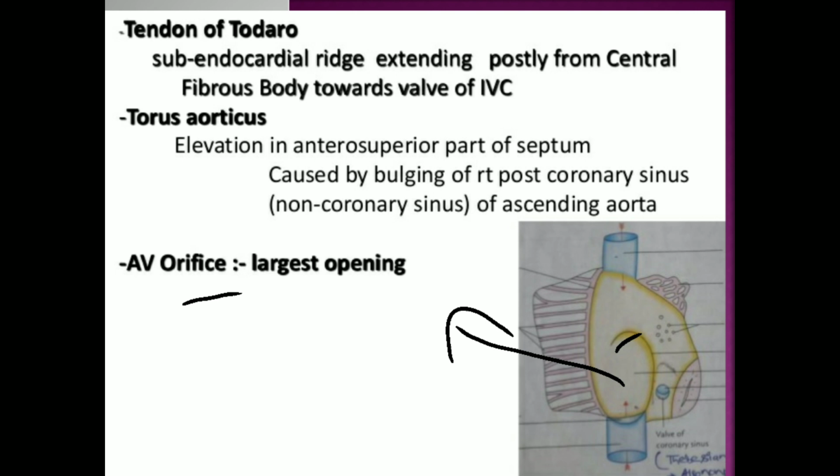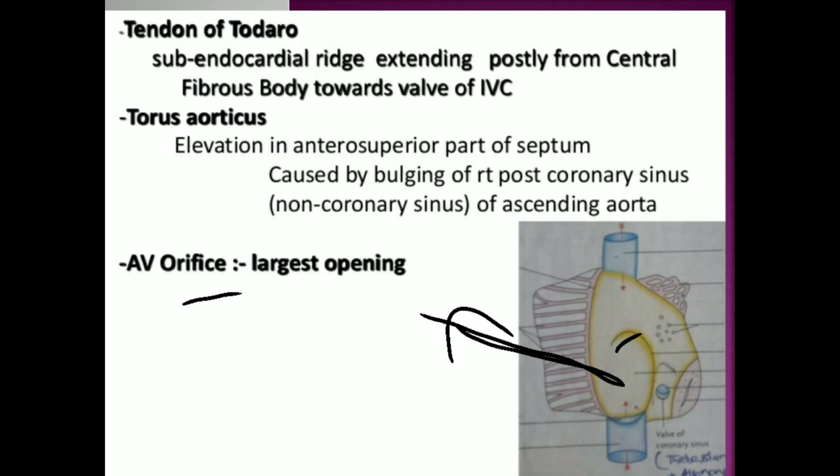What importance does it have? It is in fetal life. In fetal life, the blood from the right atrium flows directly into the left atrium through an opening called the foramen ovale.